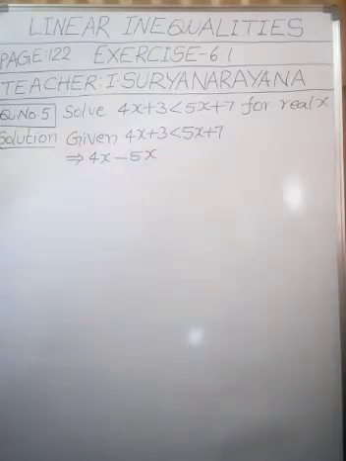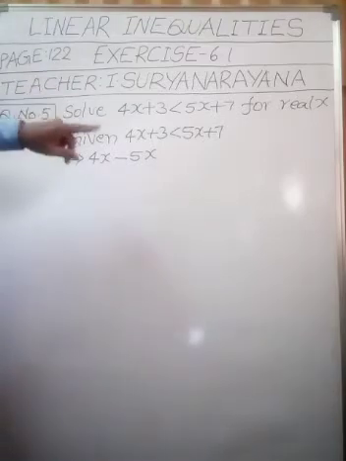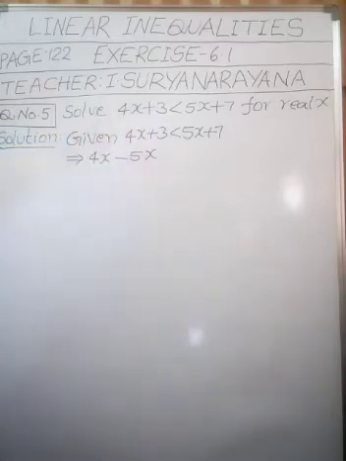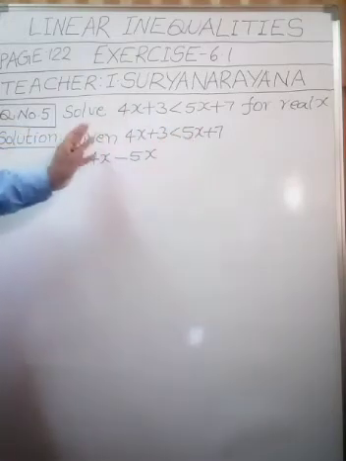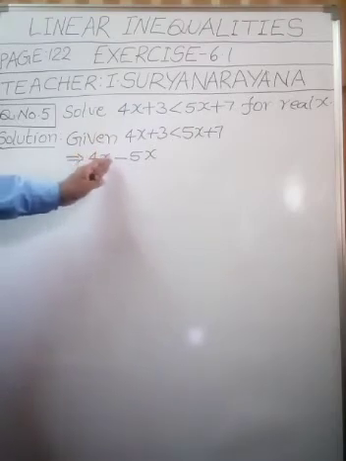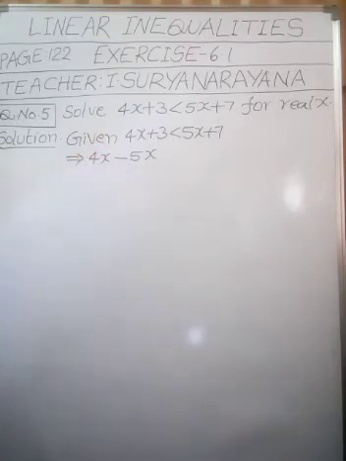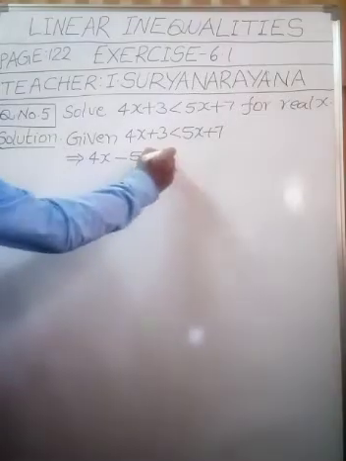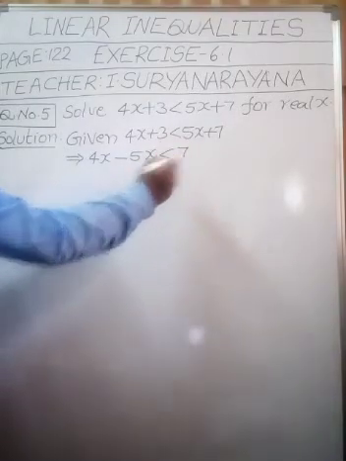As we follow the steps when solving an equation, we follow the same rule here. We are transforming this plus 5x into LHS. Thus it becomes minus 5x is less than 7.